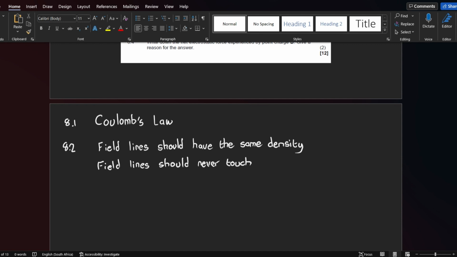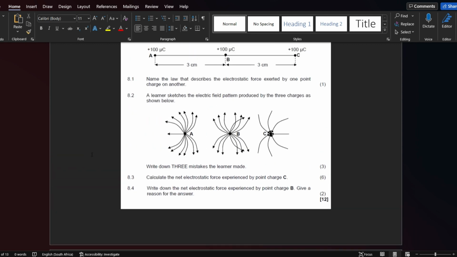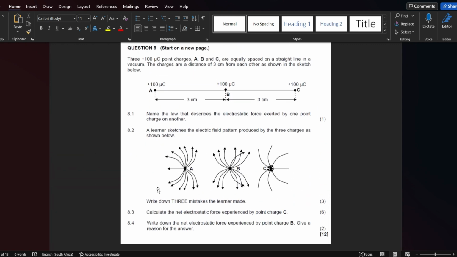And thirdly, we said field lines always move out for a positive charge. Okay, so those are the three mistakes that we can identify which this learner made.